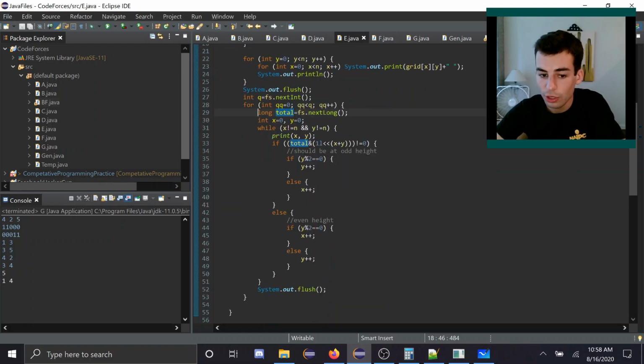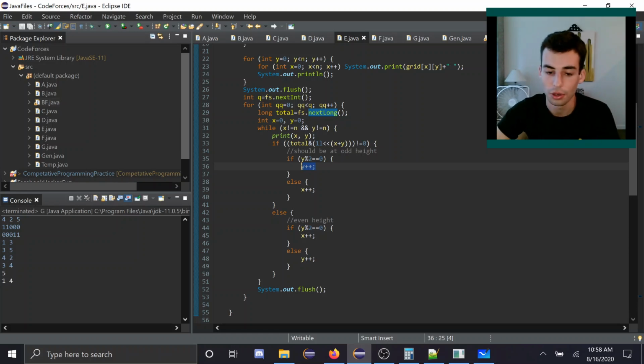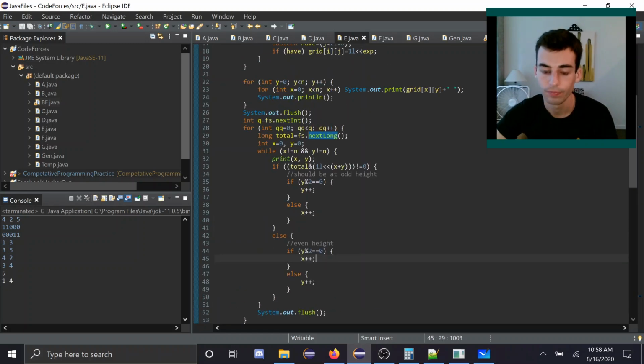And then when you're given the total, you can extract the path by looking at each step. For each step, you just want to say, should I be at an odd height after taking the step or not? If you should, you make sure you're at an odd height. So if you are currently at an odd height, then you walk horizontally. If you're at an even height, you walk vertically in order to make it to an odd height. Otherwise, you do the same thing with an even height, just backwards.